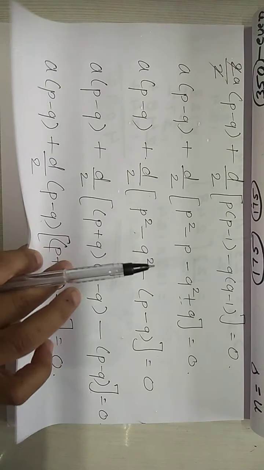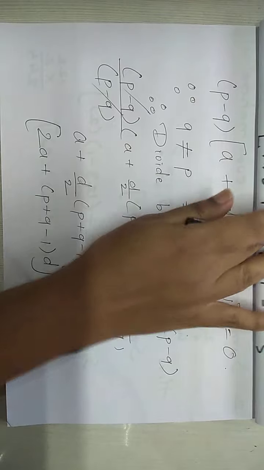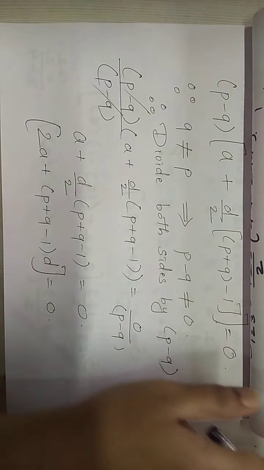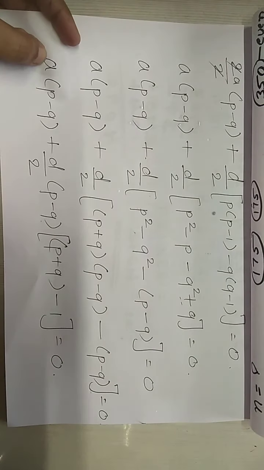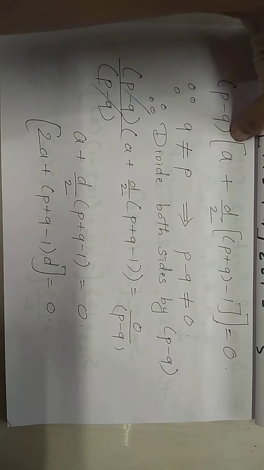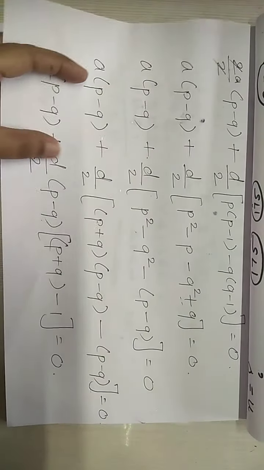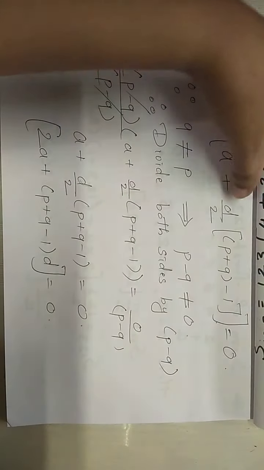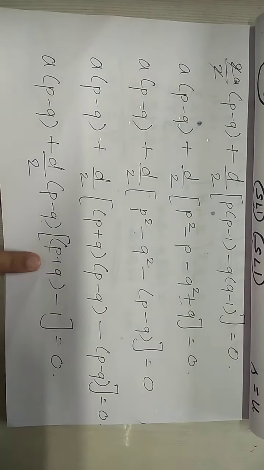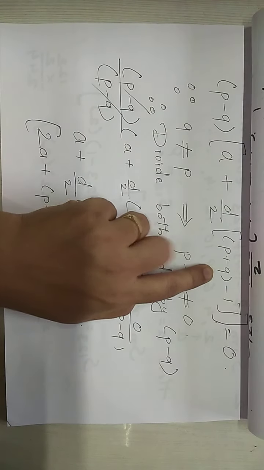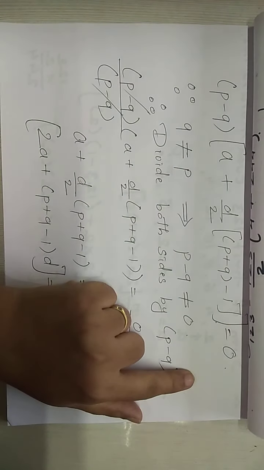So I remove p minus q also common. See, p minus q also comes out common. So here we are left with a, which I write here, and here we are left with d upon 2, which is written here, and the bracket p plus q minus 1, that is also written here, equal to 0.